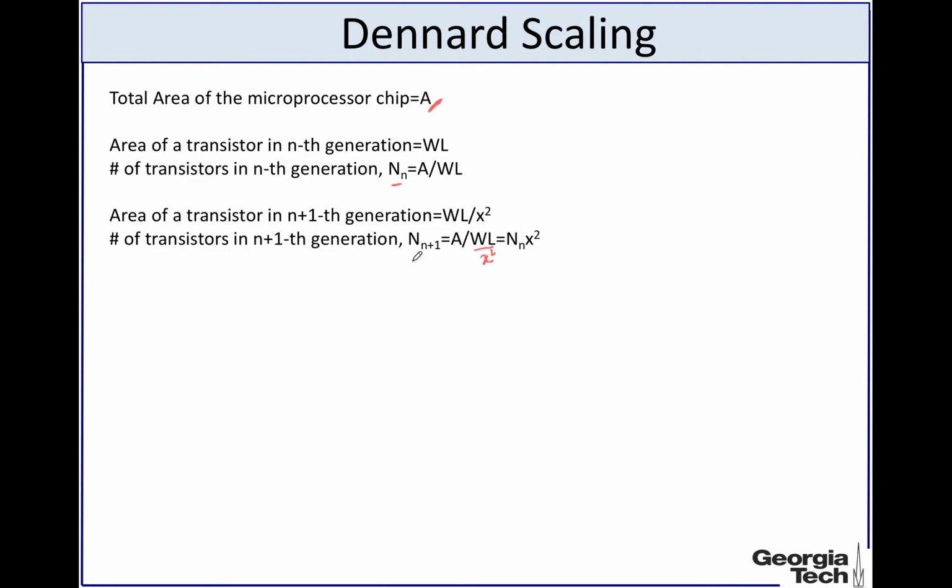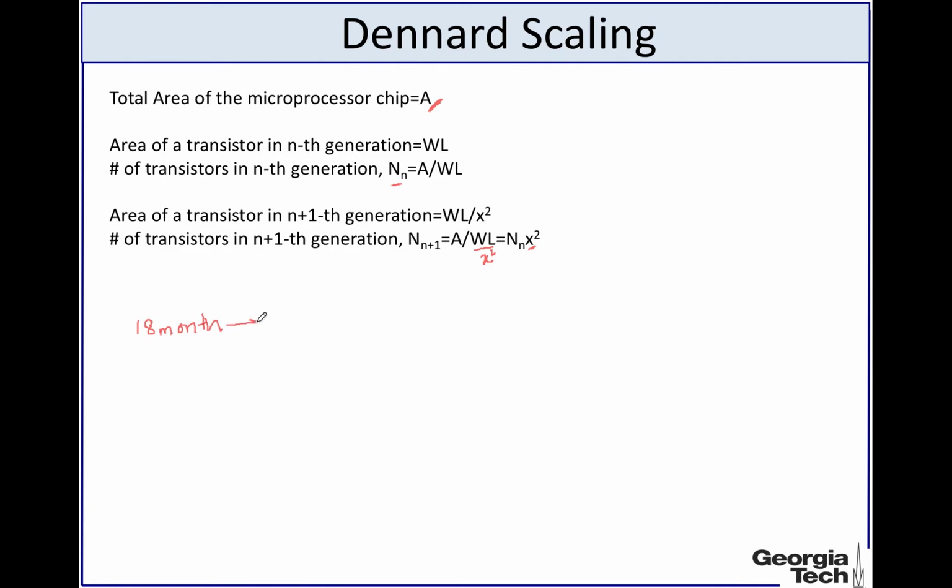Now what it essentially means is that in the n plus 1 generation, the total number of transistors will be equal to the total number of transistors in the nth generation multiplied with X squared. Now let's say what is the typical value of X. Every 2 years, as Moore's law said, or more realistically, almost once every 18 months, the total number of transistors doubles.